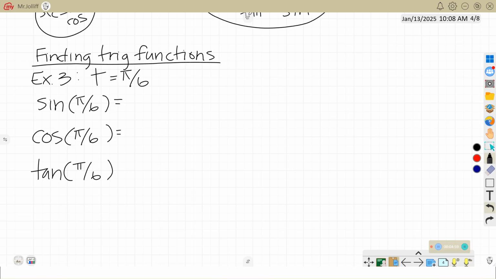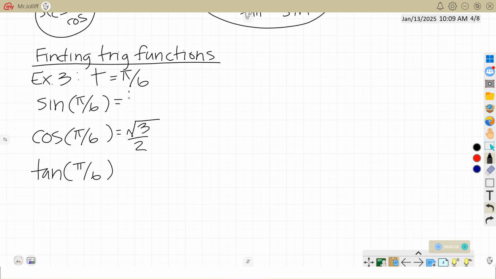So what was the first one? Ooh, I think that's pi over 4. Root 3 over 2, good. And that's the x-coordinate, so that would be cosine. What is the y-coordinate that goes with that root 3 over 2? 1/2.